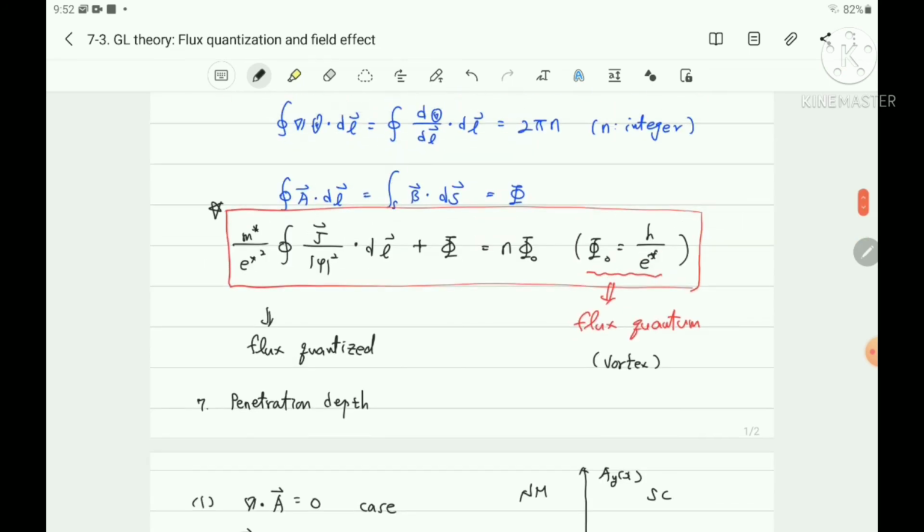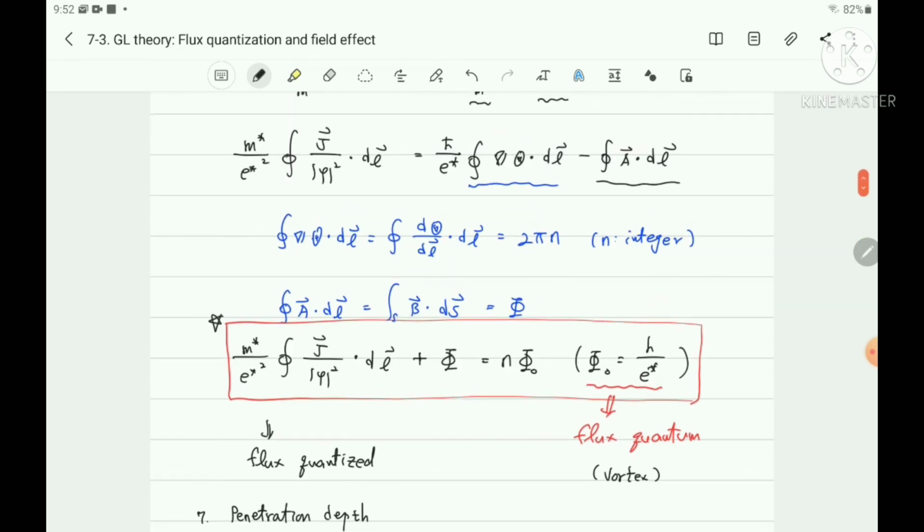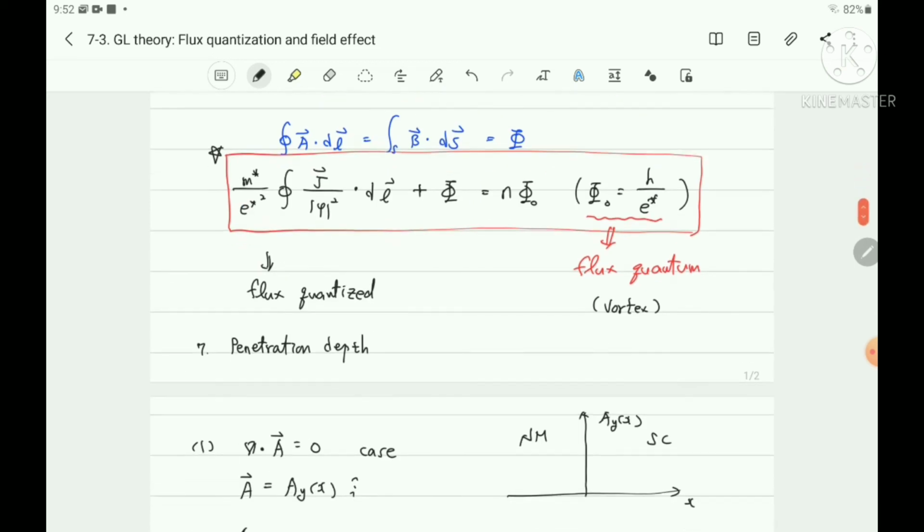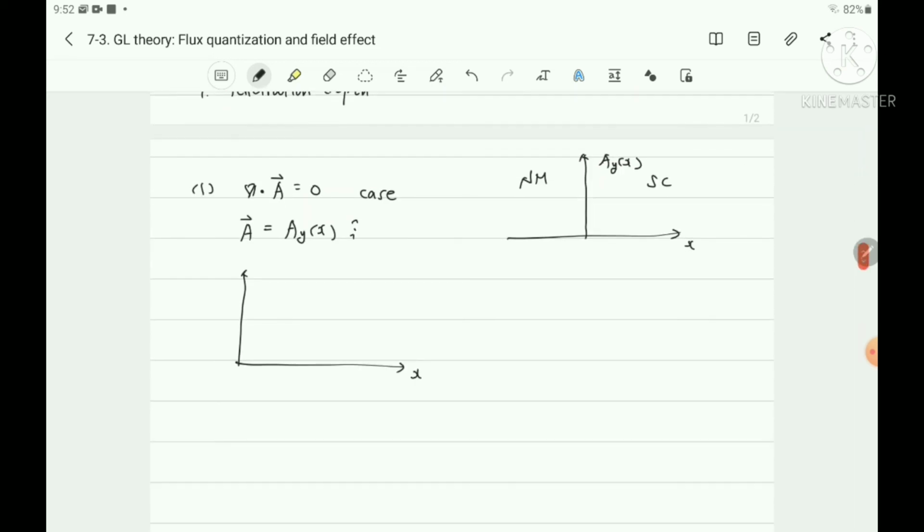Because this equation involves a line integral, we should calculate the line integral for the vector potential and the carrier density. Let's think about the x-y plane, with a closed rectangular contour of width L.